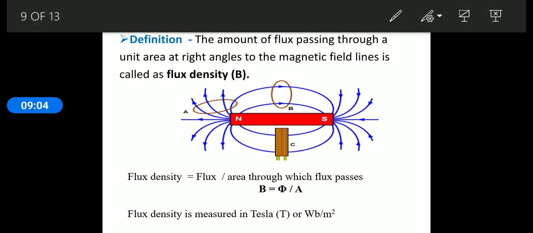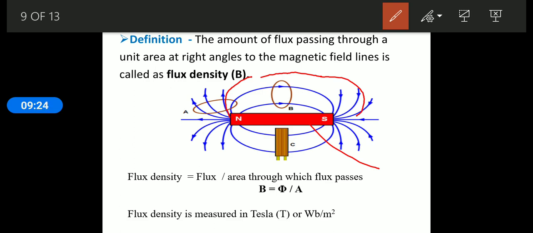In this figure, this is the magnet. The total number of lines of force is coming from the north to south.